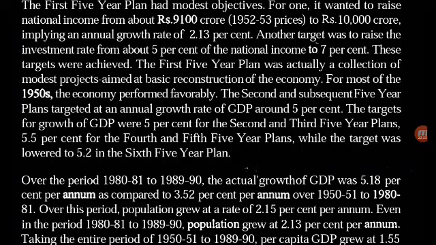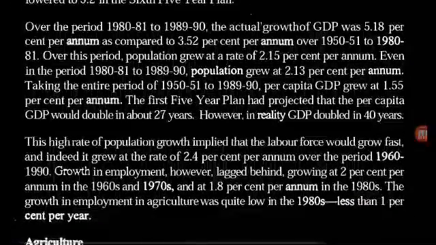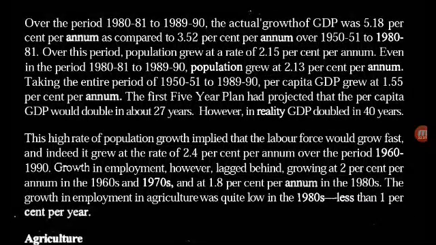Over the period 1980-81 to 1989-90, the actual growth of GDP was 5.18% per annum as compared to 3.52% per annum over 1950-51 to 1980-81. Over this period, population grew at a rate of 2.15% per annum.